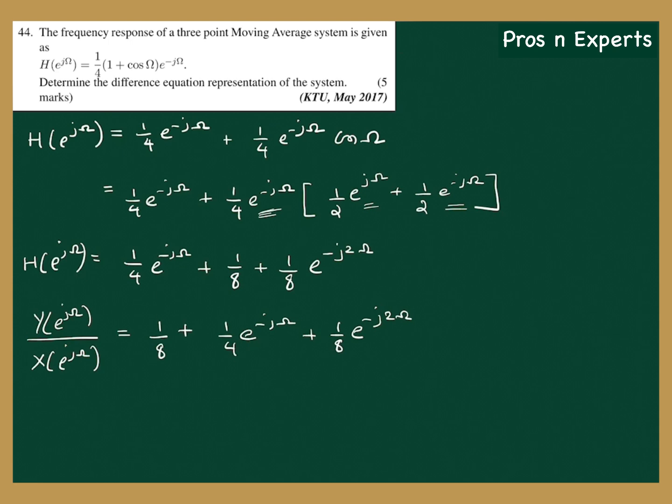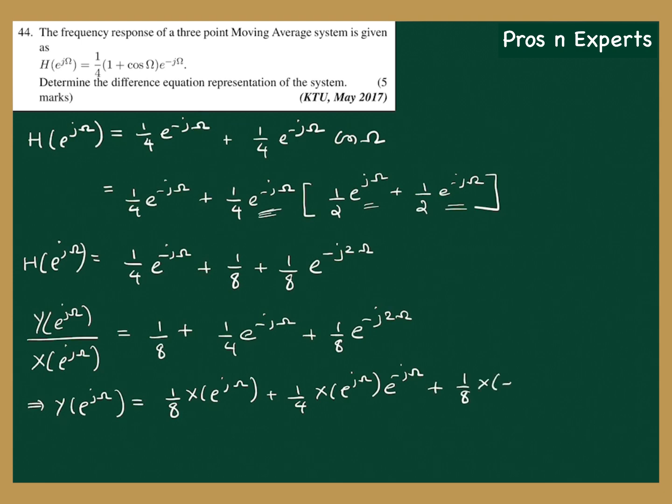Now cross multiplying, y of e raised to j omega is equal to 1 by 8 x of e raised to j omega plus 1 by 4 x of e raised to j omega into e raised to minus j omega plus 1 by 8 x of e raised to j omega into e raised to minus j2 omega.